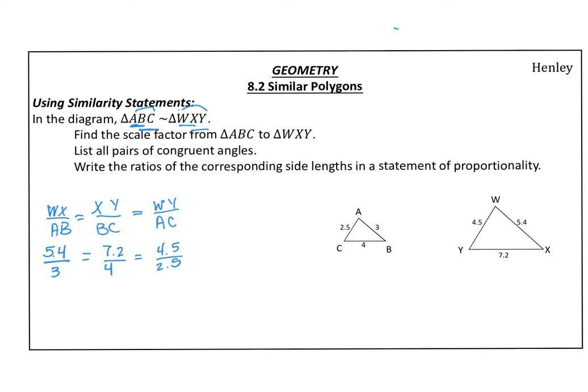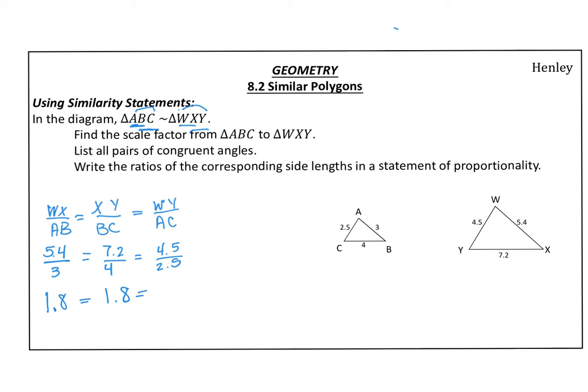5.4 divided by 3 is going to simplify to 1.8. Then we take and we put 7.2 divided by 4 into the calculator. It's also going to simplify to 1.8. Now, there may be times that you have two of them simplify to the scale factor and the third one doesn't, but don't let that fool you. You always want to simplify all of the fractions.